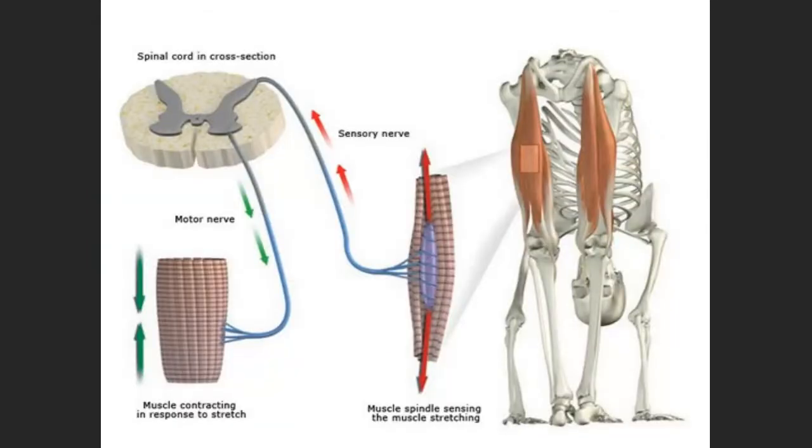So here we're doing a hamstring stretch. We can feel what's going on, and if that stretch is too much, it will actually go to the brain and signal that there's something dangerous going on. Normally it will just happen in the spine, and we get some local information.